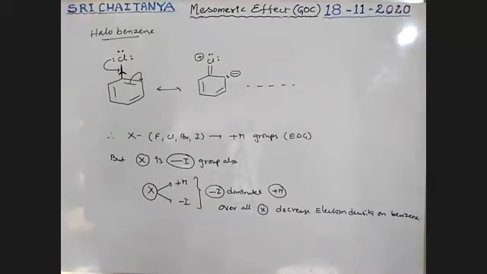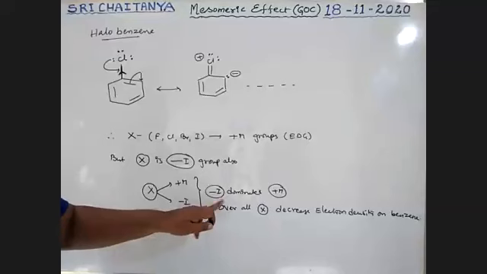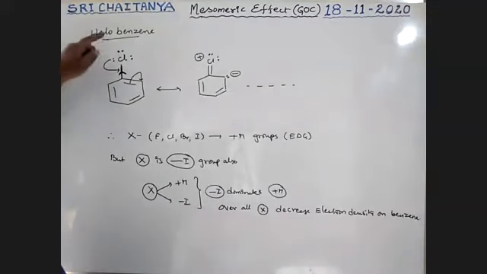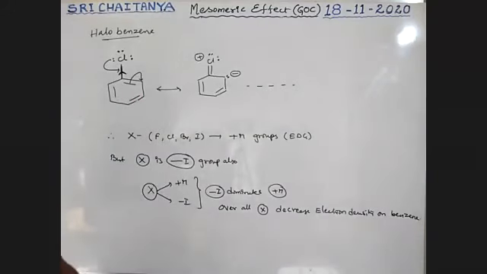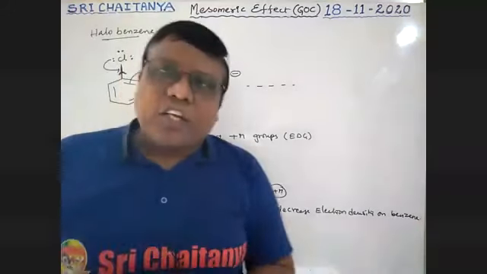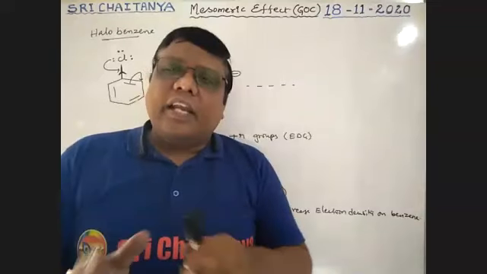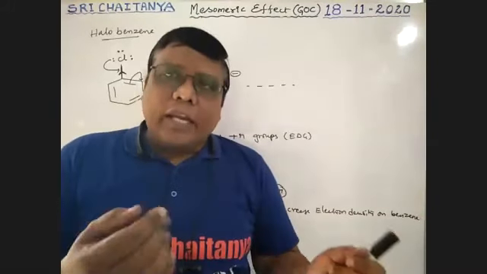Therefore, here it is very important, boys. Overall, it donates its lone pair, but minus I dominates plus M. Therefore, overall this electron is attracted by this chlorine, and the electron density on the benzene ring decreases. Therefore, halogen is considered slightly electron withdrawing, not electron donating.